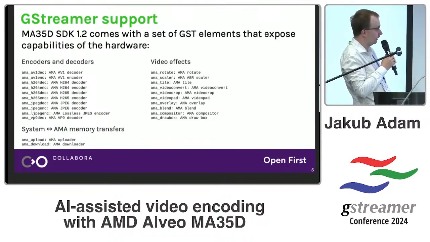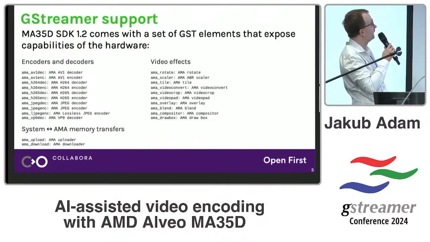So the current revision of the SDK is version 1.2. And it comes with a set of GStreamer elements that expose the capabilities of the hardware. The first group is just the encoders and decoders: AV1, H.264, H.265, JPEG. Then we have MA upload and download elements that deal with transfers of the video frames from the system memory to the memory of the card.